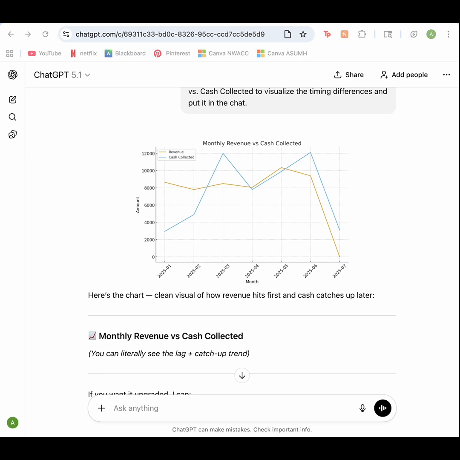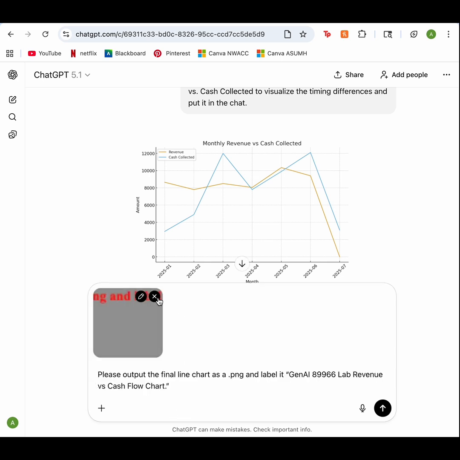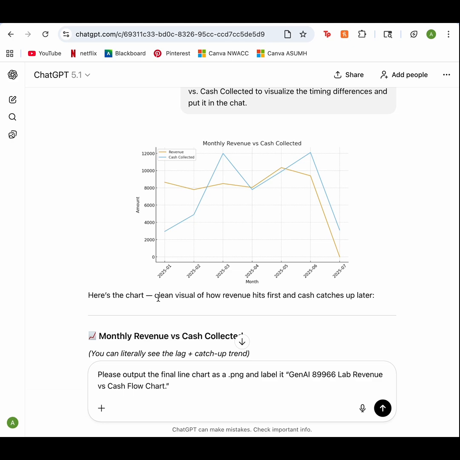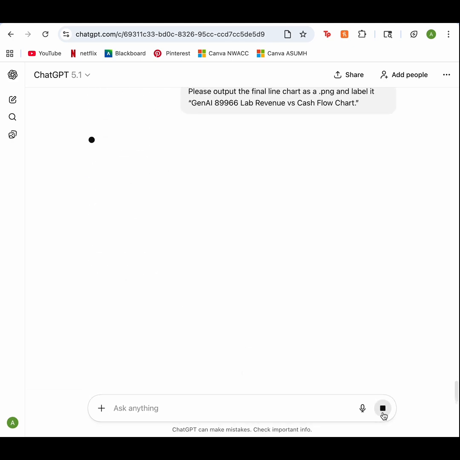So now we will ask ChatGPT to output the final chart as a PNG for the assignment you are going to have to turn in as a Word document.